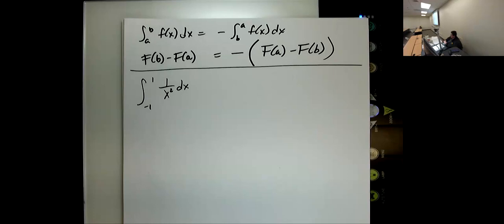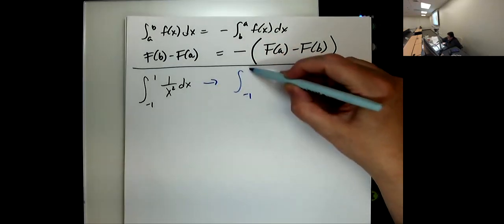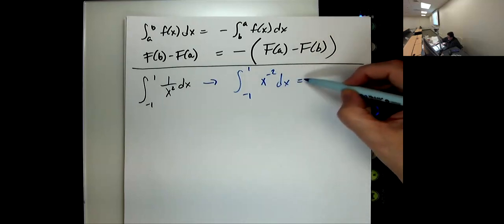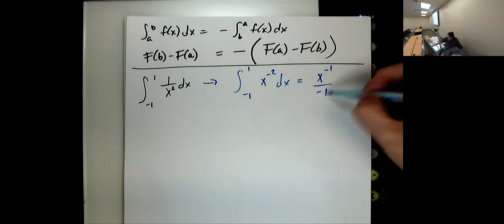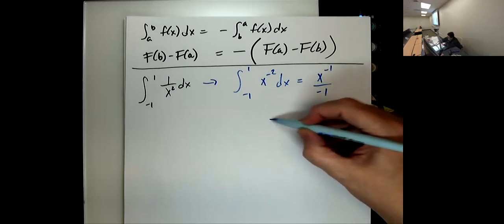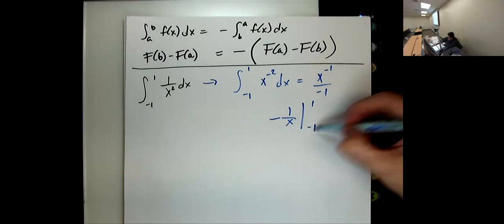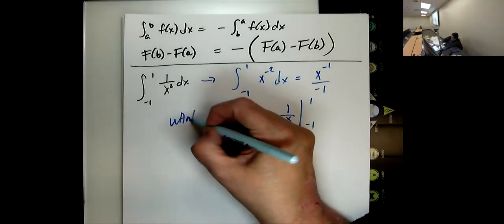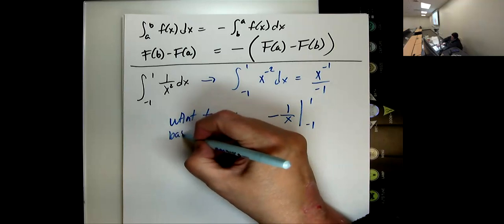It may look like we can, because you may want to say the integral from -1 to 1 of x to the -2 dx. If I integrate this, up a power would be x to the -1 divided by the power. So I have -1 over x evaluated from -1 to 1. That's what you may want to say based on our rules.